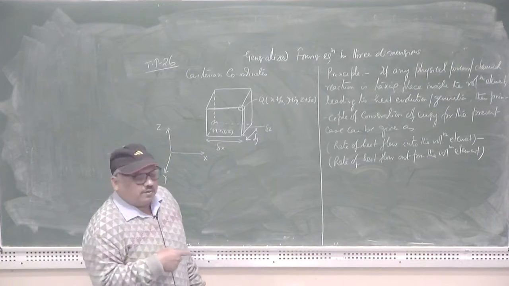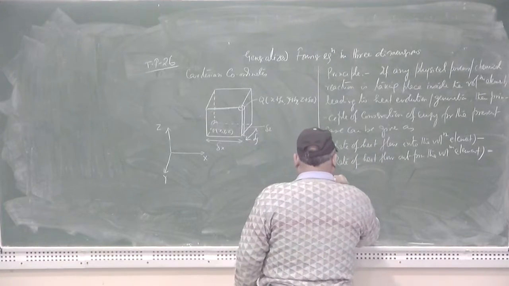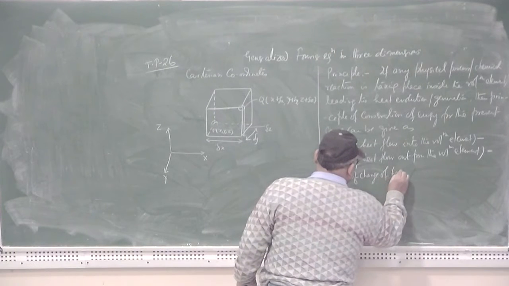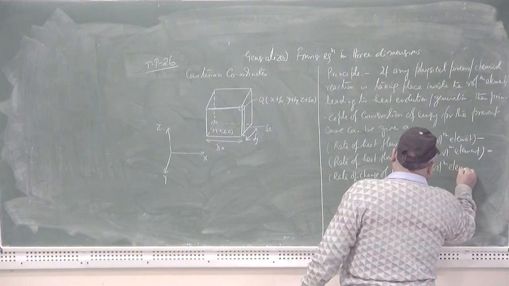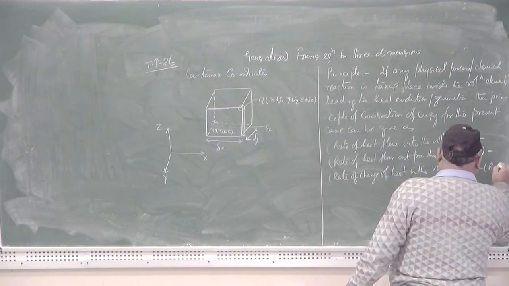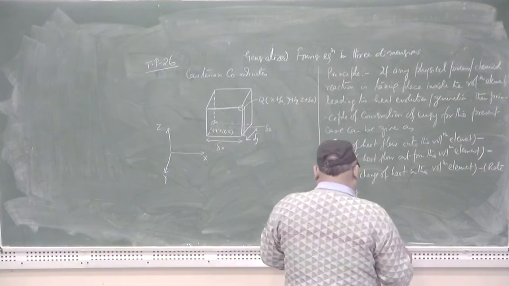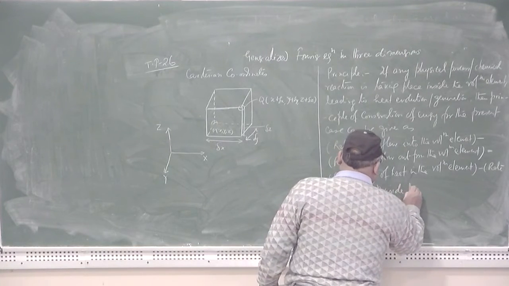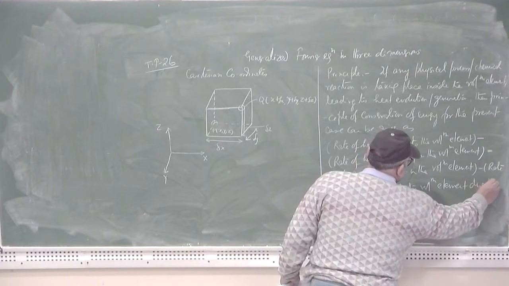The rate of change of energy of the volume element, that should be equal to rate of change of heat in the volume element minus rate of energy production inside the volume element due to the reaction.